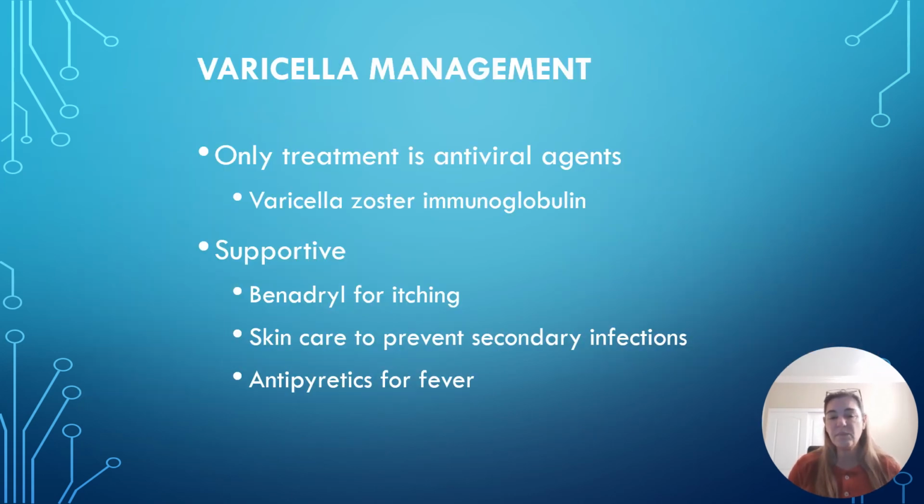Management: antiviral treatments can be somewhat effective to a certain extent, but usually you have to get those antivirals in pretty quickly for them to be effective. Varicella IVIG, or immunoglobulin, can be administered. This is a passive type of immunity, so this immunity lasts for a short period of time.